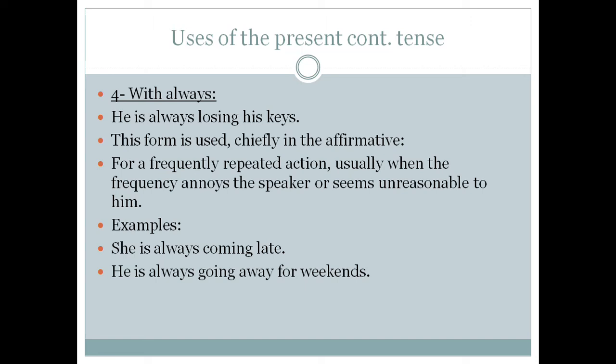So we use always with the present continuous tense to express a frequent action that usually annoys the speaker, or to express bad habits. For example, she is always coming late.